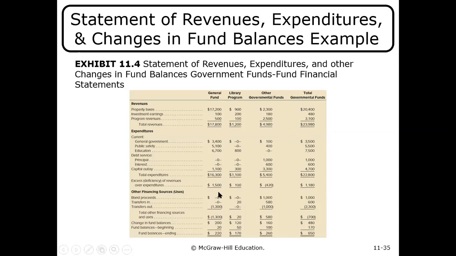And then if there's any other kind of financing sources and uses, and then an overall change in the fund balance. We'll reconcile that to the beginning balance to get the ending balance. So you can see these financial statements differ quite a bit. Remember, these are fund financial statements. The first ones we saw were government-wide financial statements.